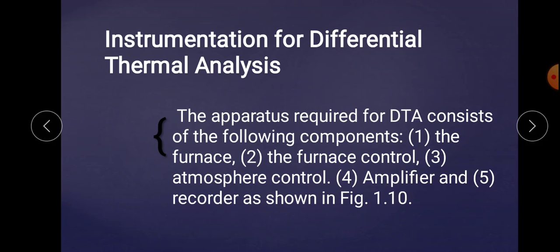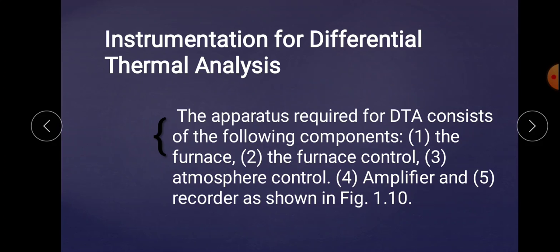In the previous lecture, we discussed what is meant by differential thermal analysis. Basically, there is a comparison between a sample and a reference compound, and the temperature of the furnace with respect to the change in temperature of the reference and the sample compound is studied in differential thermal analysis.